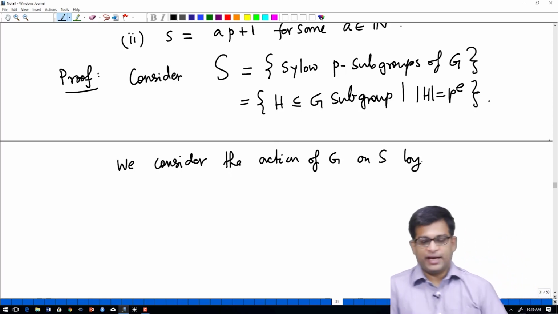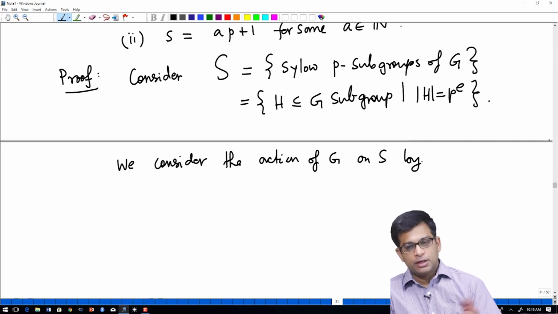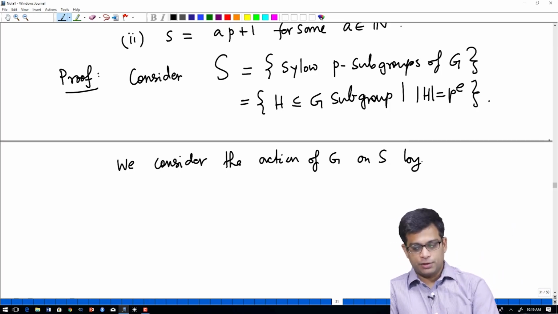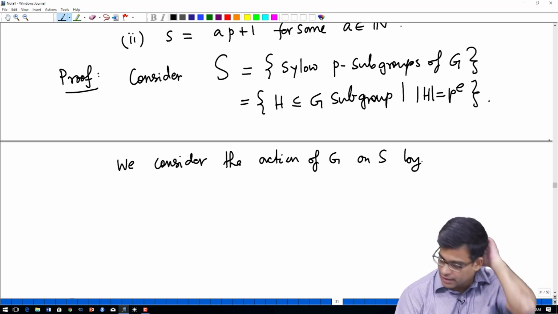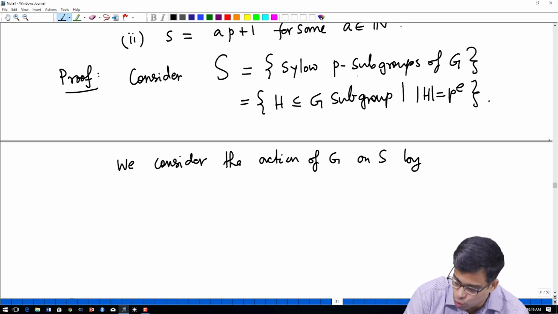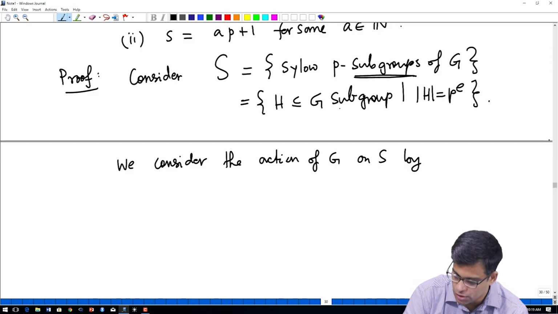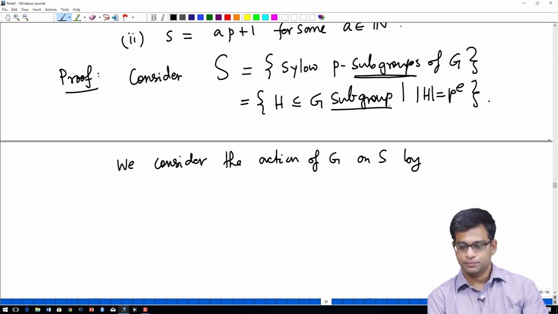Remember, G acts on itself or on subsets either by left multiplication or by conjugation. Here, if you take left multiplication, it will not give you an action. Why? Remember, S is not a set of subsets, it is a set of subgroups.